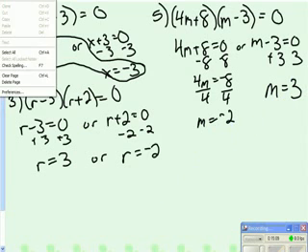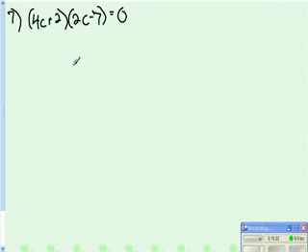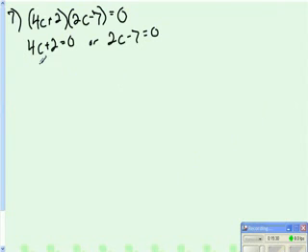Okay, clear the page. Number 7. We have 4c plus 2 and 2c minus 7. So either 4c plus 2 equals 0 or 2c minus 7 equals 0. So subtract 2, and this is where that solving equations comes in handy.